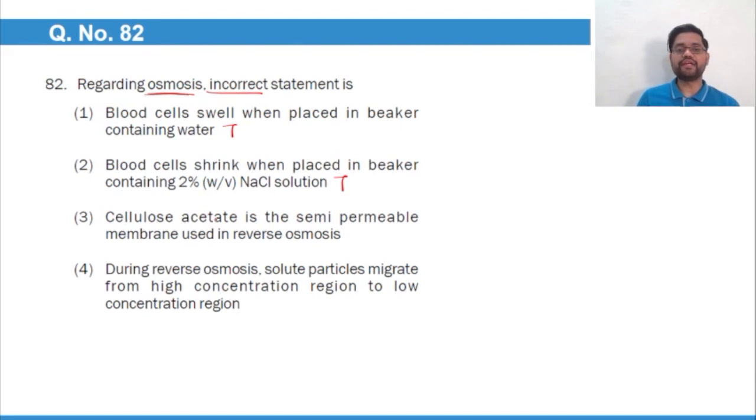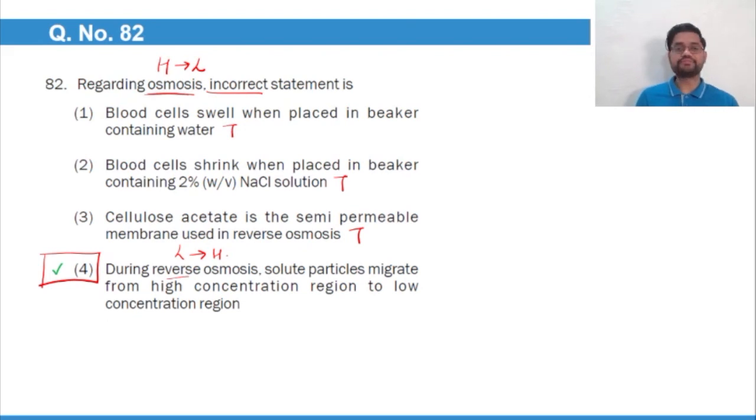Cellulose acetate is the semi-permeable membrane used in reverse osmosis. True. During reverse osmosis, the solutes migrate from higher concentration region to lower concentration region. Wrong, it is opposite, lower concentration to higher concentration region, and hence that's the right answer. In osmosis, you have to remember high to low. For reverse osmosis, it is low to high.